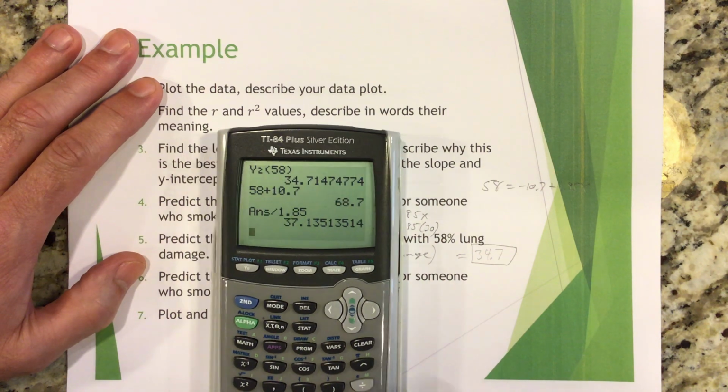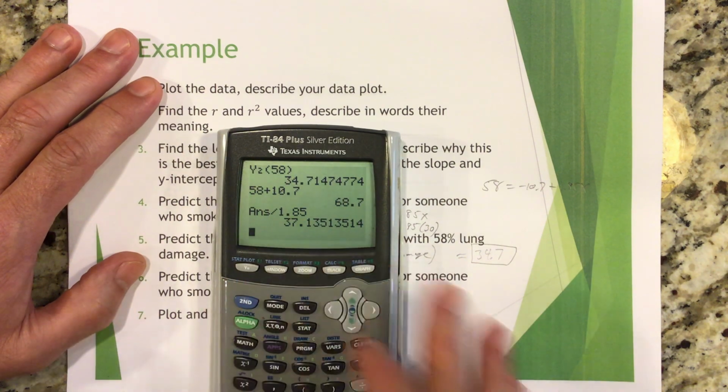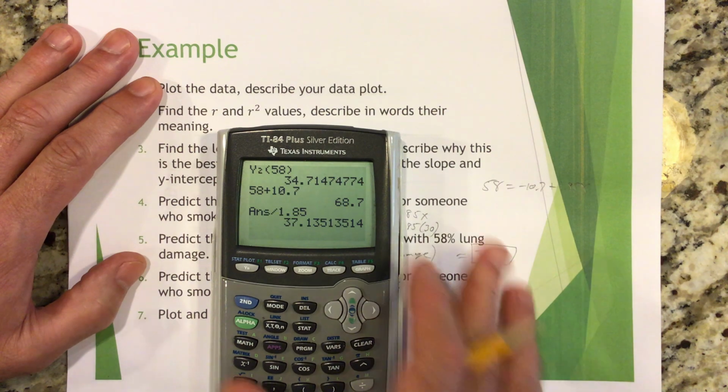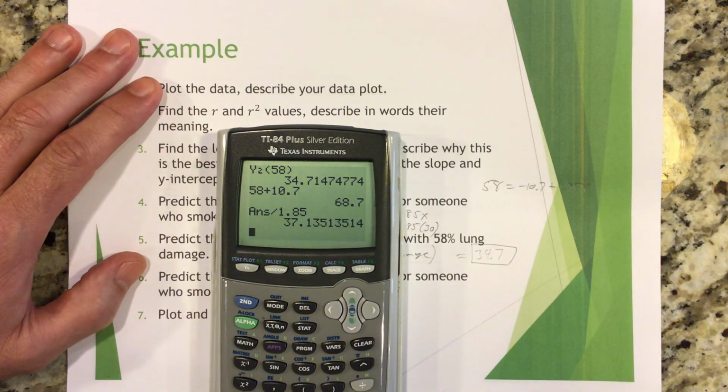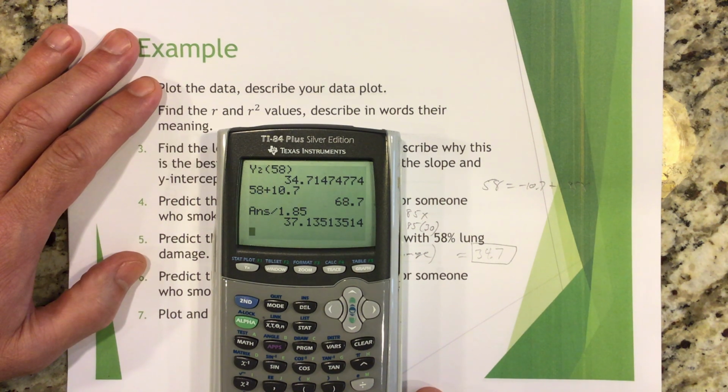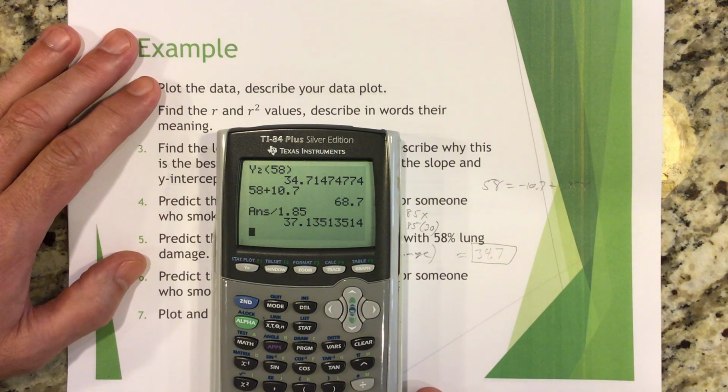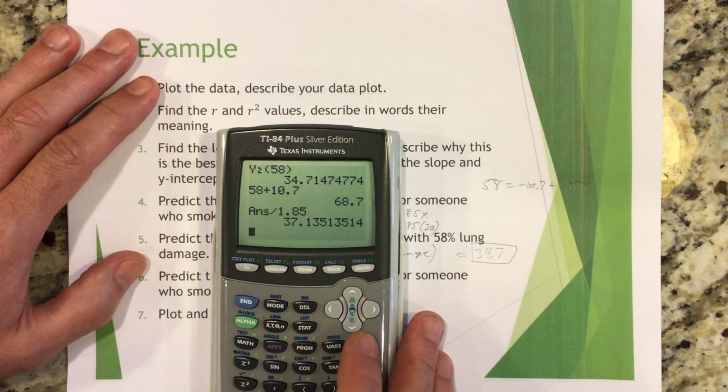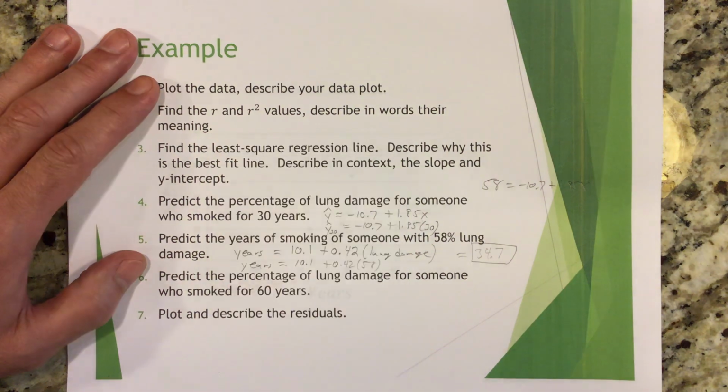Okay, so see, you get a different answer. And yeah, I know that I rounded that off a lot. If you did it keeping all of the decimals intact, you're still going to get a different answer. Are there times where you might get the same answer? Of course, coincidences happen, but rarely will you get the exact same answer. Very rarely. So do it correctly. Remember, there's an explanatory and a response. We can predict the response from the explanatory. We can't go the other direction. Okay, really, really common mistake.